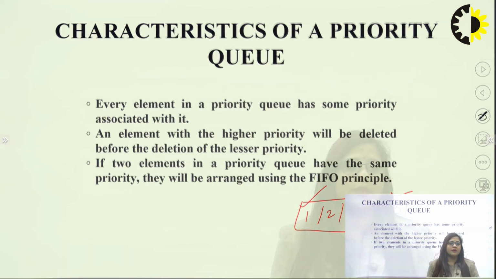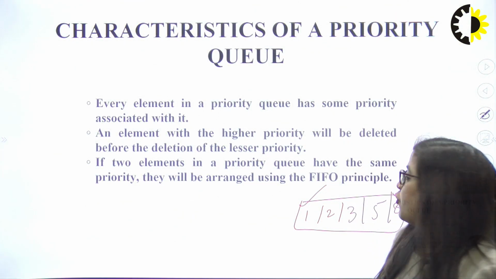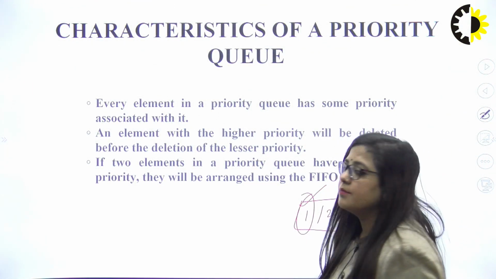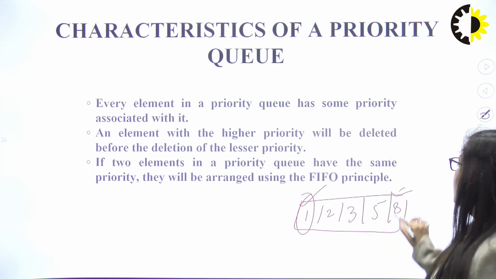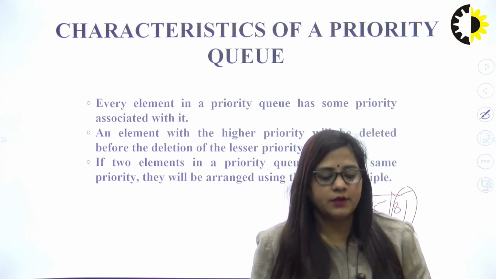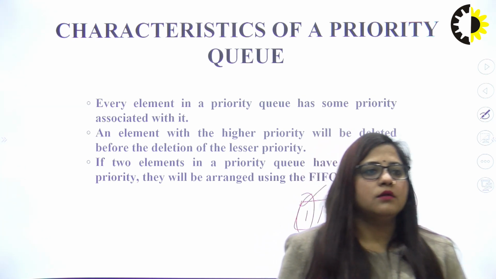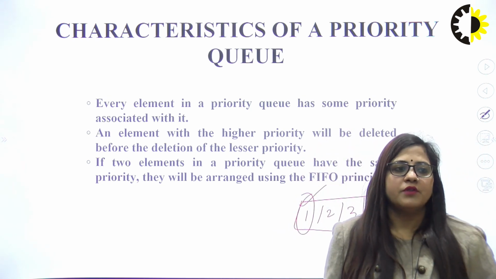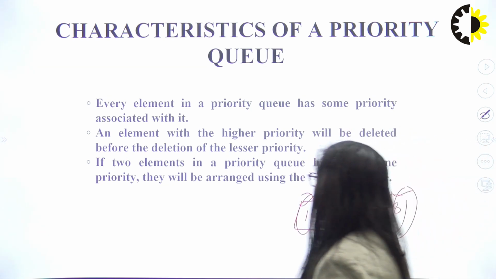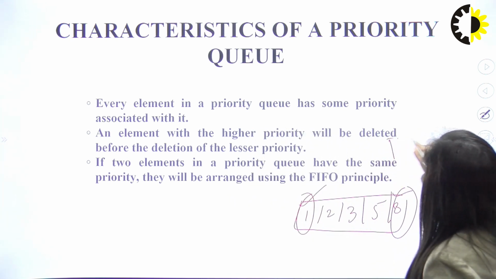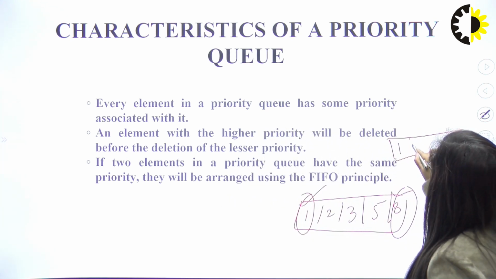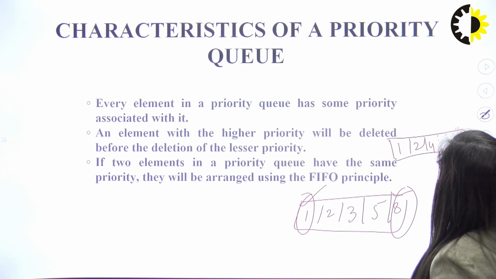If you want to delete any number, you delete the higher priority number first as compared to the lower priority number. Got it? And third, two elements of a priority queue can have the same priority. Let's suppose in this queue 1, 2, 4, 2 and 8, like this.